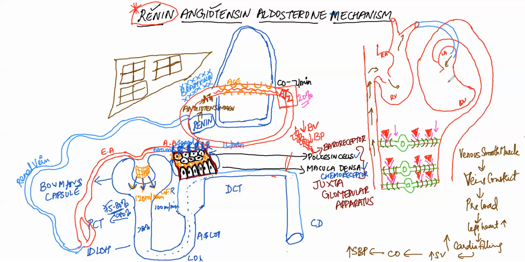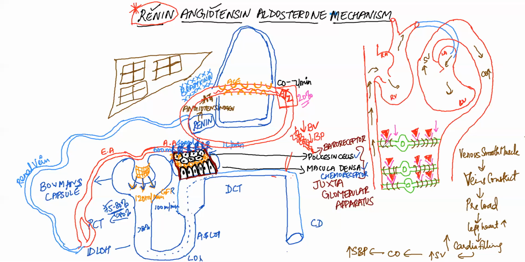So we have increased the cardiac filling, the stroke volume, and the cardiac output through the systemic aorta. This is what happens when angiotensin II is acting on the pulmonary circuit.